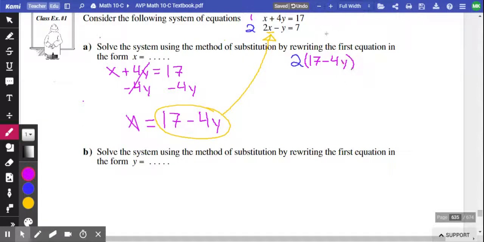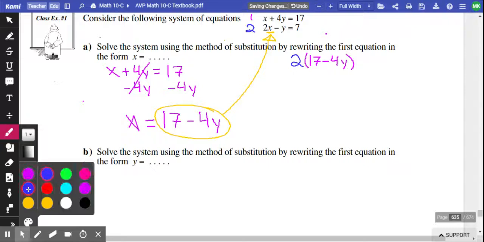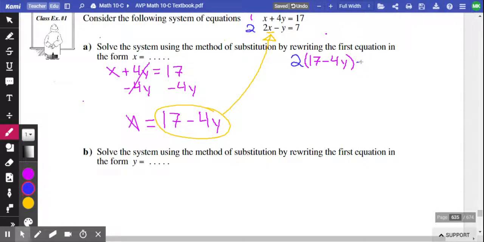And I substitute with brackets. Then I have minus y equals 7. I tried to color code it. So all the blue is stuff that was originally in the second equation. The purple is what I substituted from the first equation into the second equation.